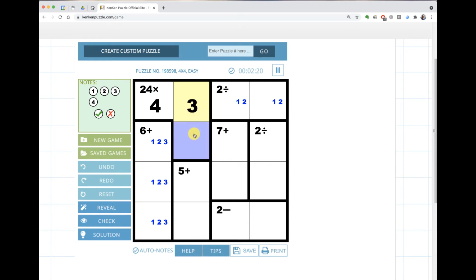This has to be 2. Now I know, because 2 and 3 are taken already, this has to be 1 and 4. Don't know what order they're in, but I'm making some progress. Now this division can't be 1, 2 because this number here has to be 1 or 2. Both of them can't be down here.